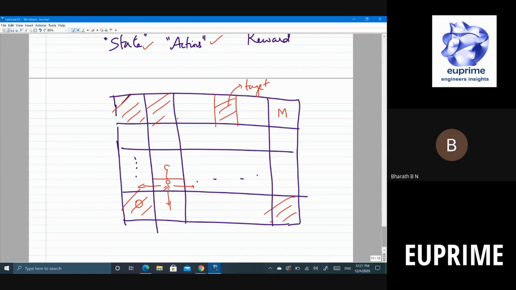See, let's say I'm in the 30th block. What is the reward? It's the distance of that block from the target. Okay, that's good. So this distance could be your reward. The closer the distance, the higher the reward, maybe inversely proportional to the distance. That could be your reward. Do you agree? Yes, sir.